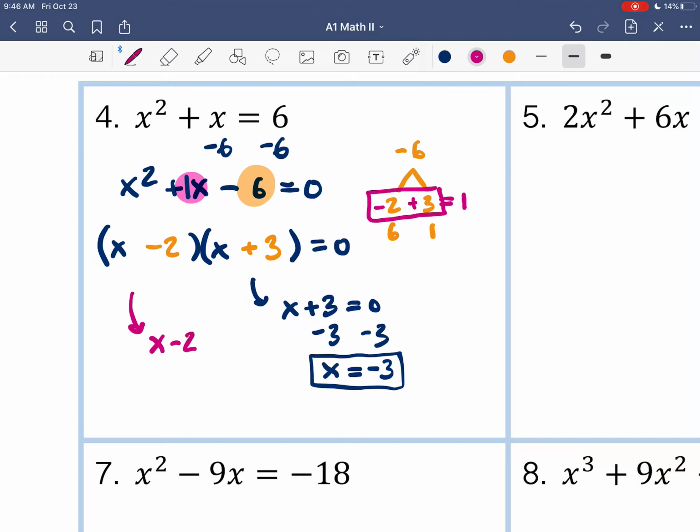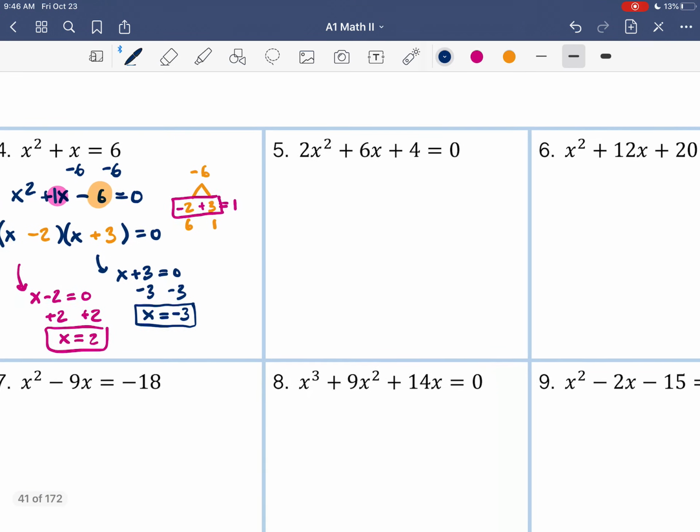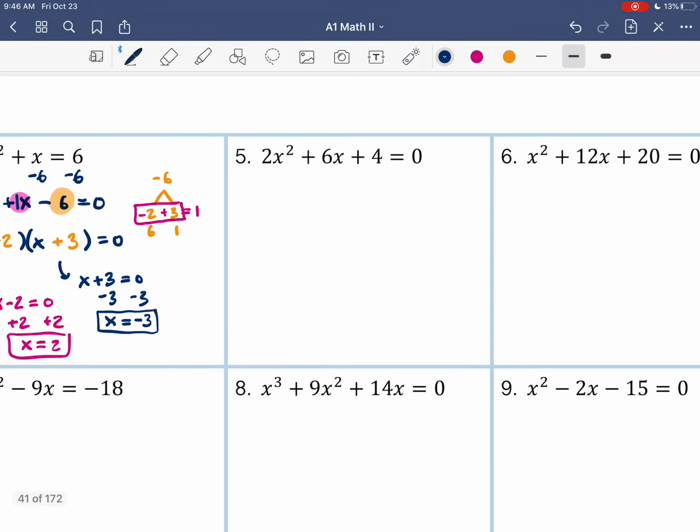If it's just asking you to factor it, you don't have to do this little mini equation to get x equals. Like, this right here is factored. So once you get there, if it's just asking you to factor it, you just need to write that out and that will be the answer. So sometimes it will be asking for solutions, sometimes it will be asking you to factor it. So factoring is less work because you don't have to go all the way to the solutions down here.